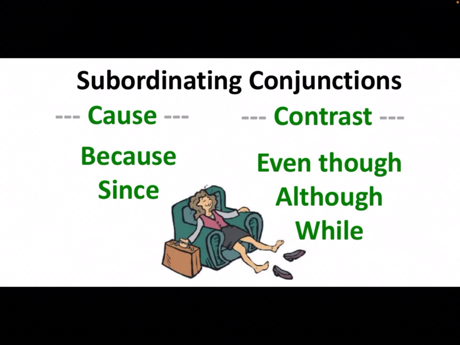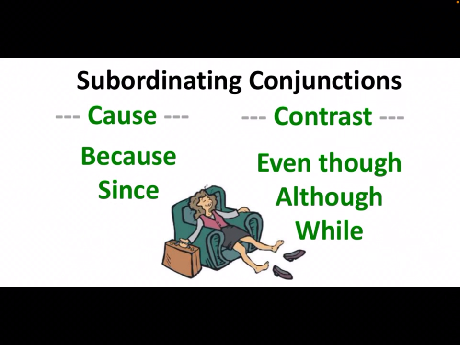So again, a conjunction is a word or words used to connect two clauses together. Words such as although, because, or when. And a subordinating clause is a part of a sentence that adds additional information to the main clause.